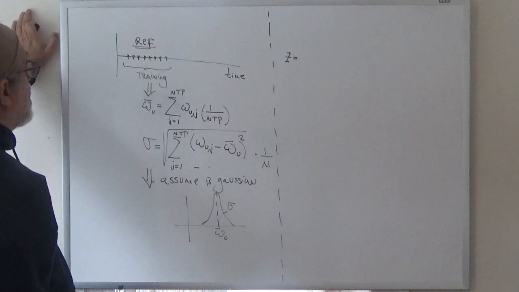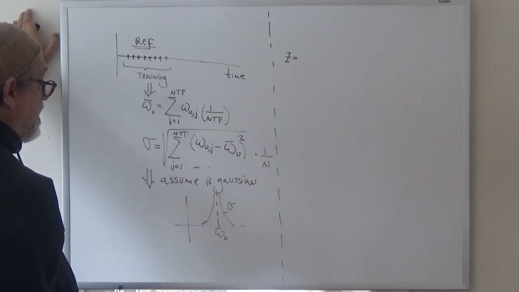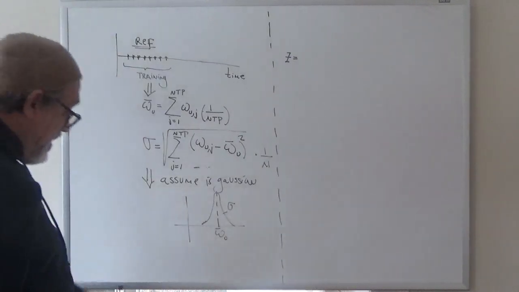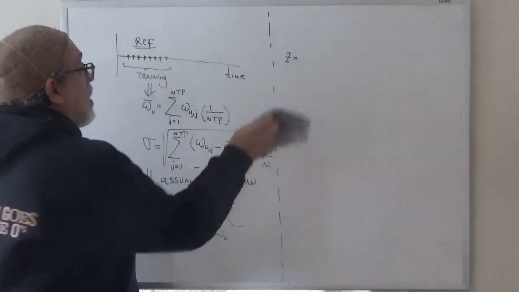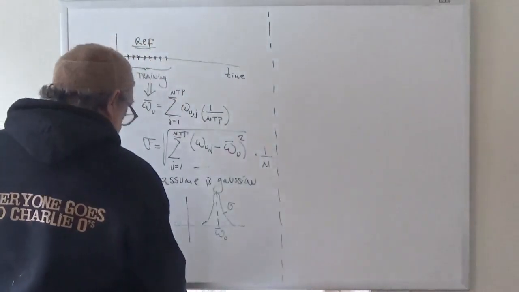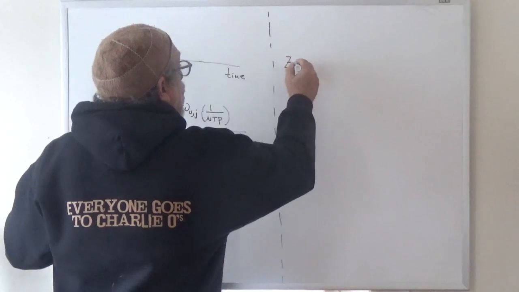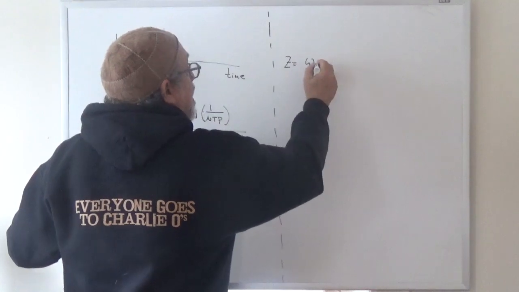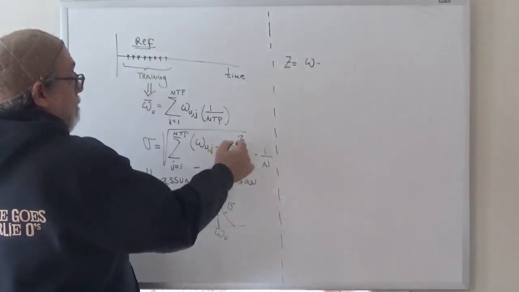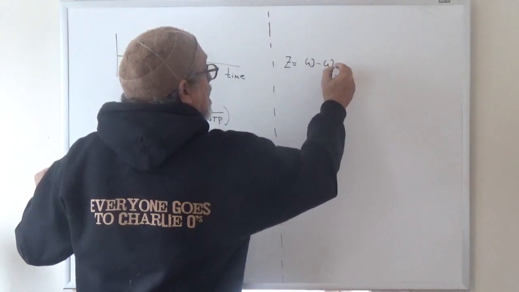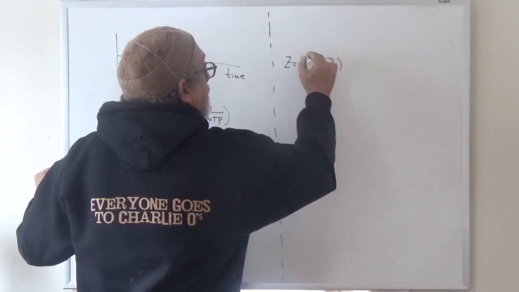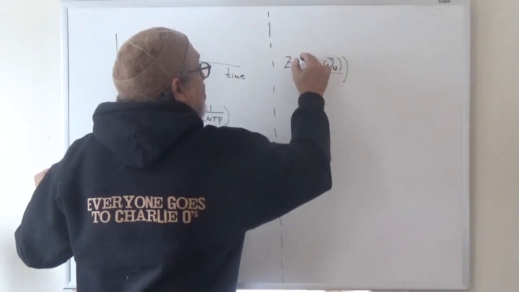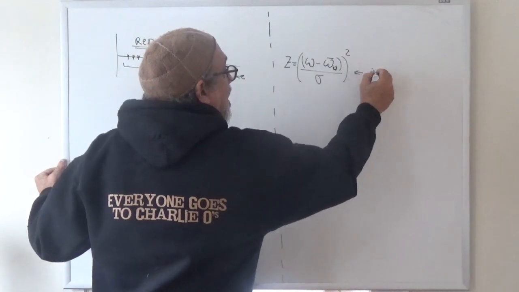In this case, our chi-squared, we are saying that our variable z, which would be given by whatever frequencies we measure, minus this mean frequency, divided by the standard deviation and squared, is chi-squared, right?